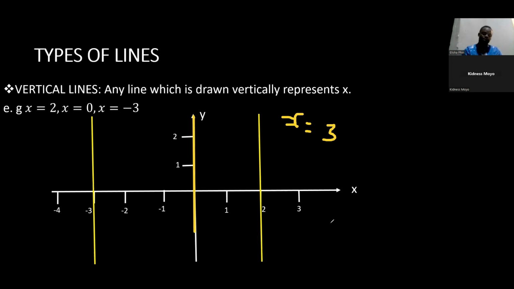Where is it going to pass? It will be where there's 3 there. Now the +3, because the negative and the positive integers, so it will pass here. Yes. So we are done with vertical lines.